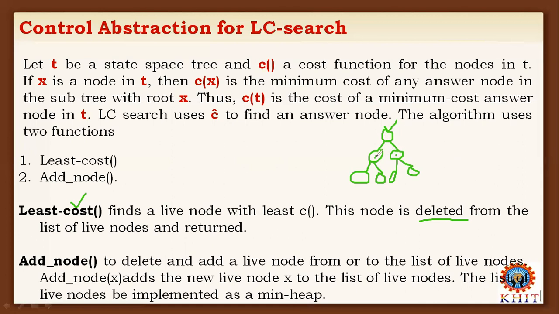Further, these E nodes are also expandable. This node is considered as an E node, and this node is a live node. So in this case, you have added a new live node, and you can add one more node that is called an E node.